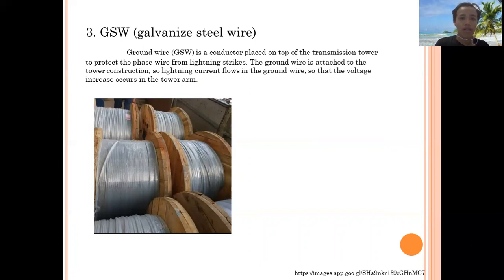Ground wire is a conductor placed on top of the transmission tower to protect the phase wire from lightning strike. The crown wire is attached to the tower construction, so lightning currents flow in the crown wire, so that the voltage increase occurs in the tower arm.